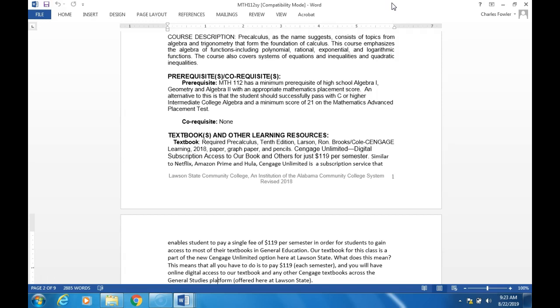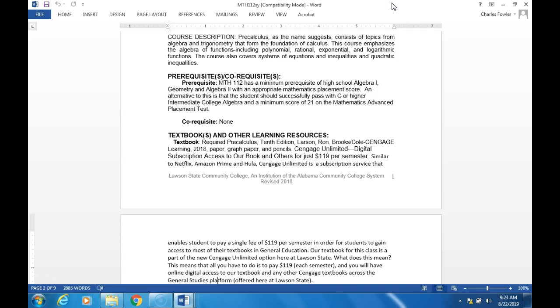And then calcview.com. These are video solutions of selected exercises. Not all of them, selected odd number exercises that do step by step. Not just showing you how to work it, step by step. Some of them are even interactive. Amazing what he has provided here, absolutely free. No codes, nothing. Anyone can go there. That's why I say he's about the best math author I've ever taught from.